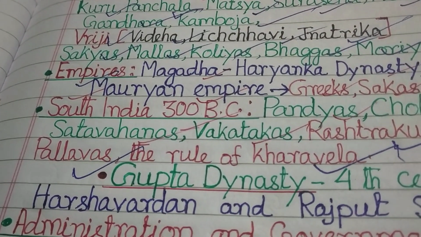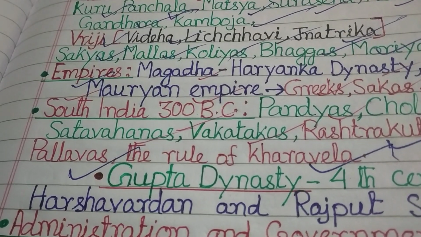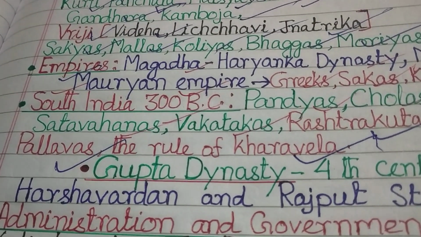This came about partly as a result of Alexander's invasion and the decline of Iranian strength in India.